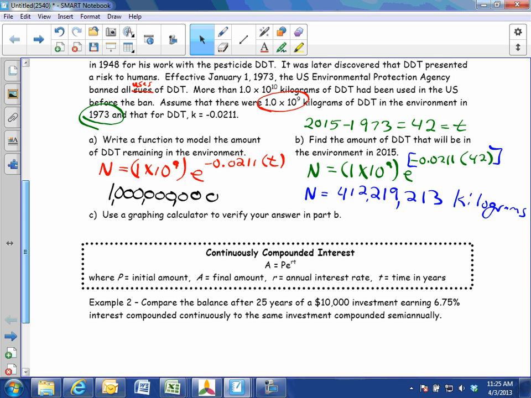So the graphing function. Still got nothing, too small. It's okay, you don't have to put that.